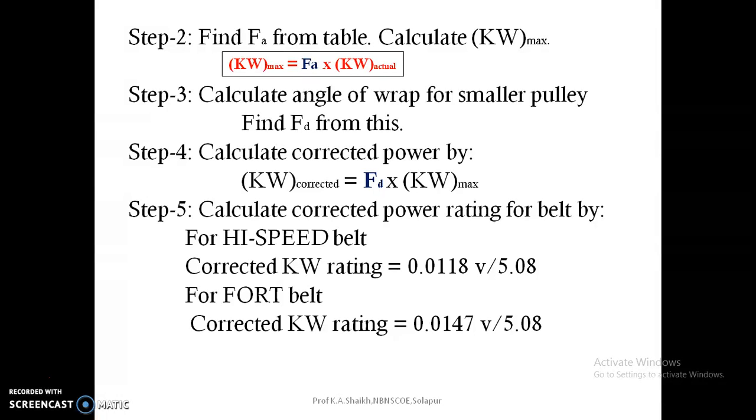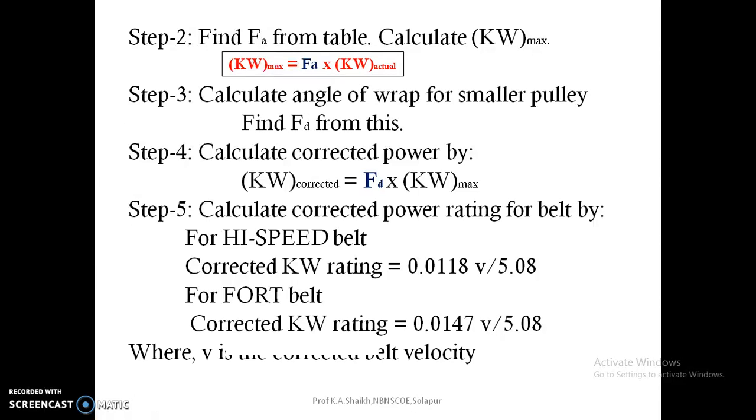Understood? Depending upon the rating, you find out the correct rating for you. If it is mentioned that you select high speed, you multiply by 0.0118. If it is mentioned in the question that you select the Ford belt, then you multiply by 0.0147 to your corrected velocity.